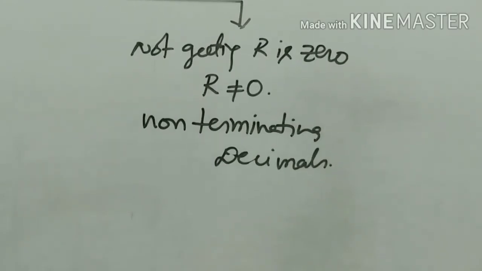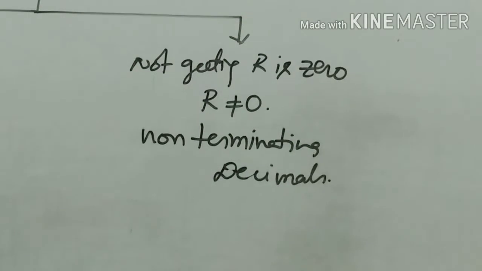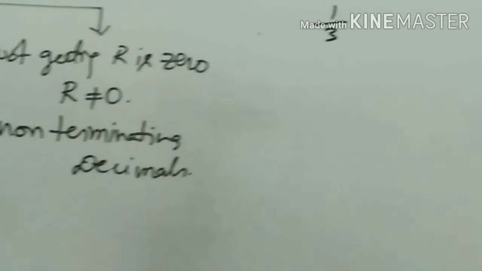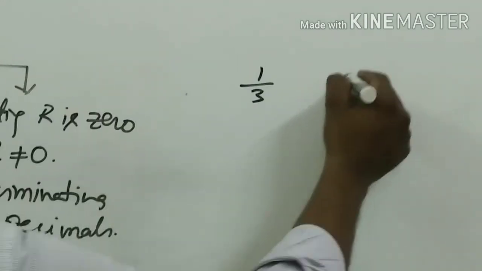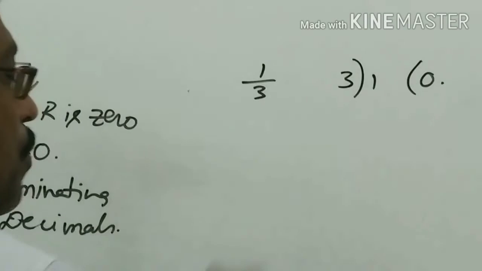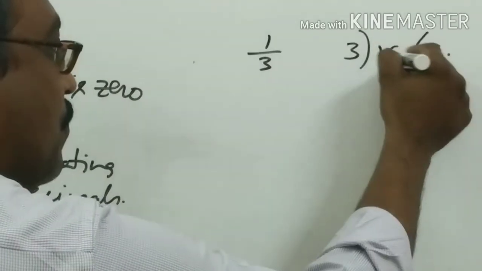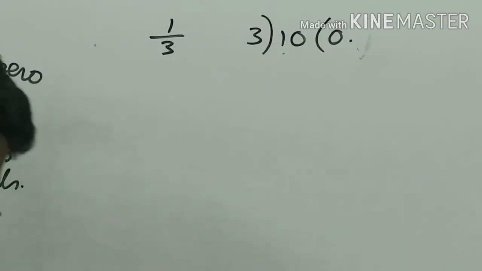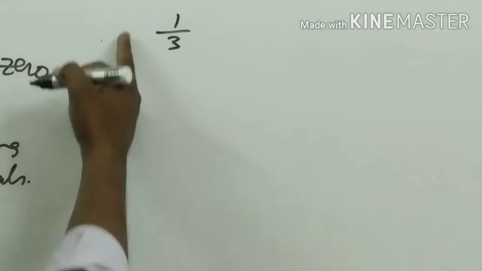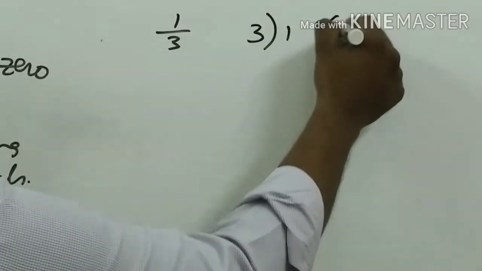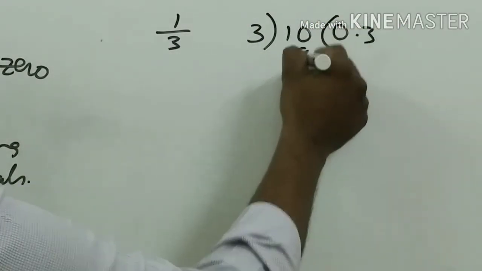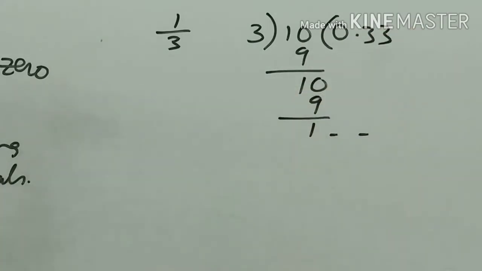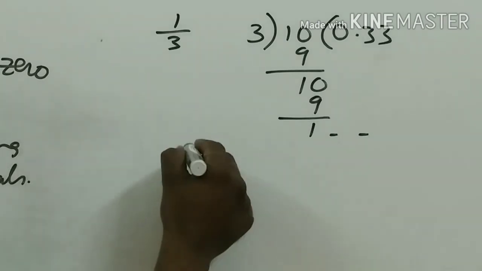One example I will tell you: 1 divided by 3. 3 into 1 gives 0 point, then 3 threes are 9, remainder 1, again 3 threes are 9, remainder 1, and so on it will go.